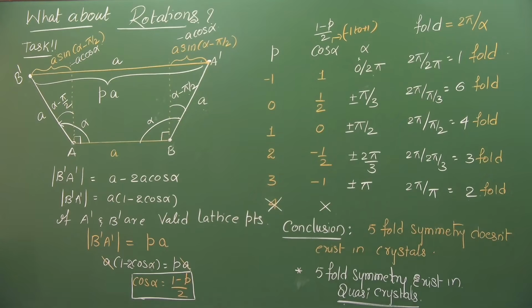Generally, the word quasi is used in physics for slow variation. Slow variation, something like that. I don't know here in what sense they used it.